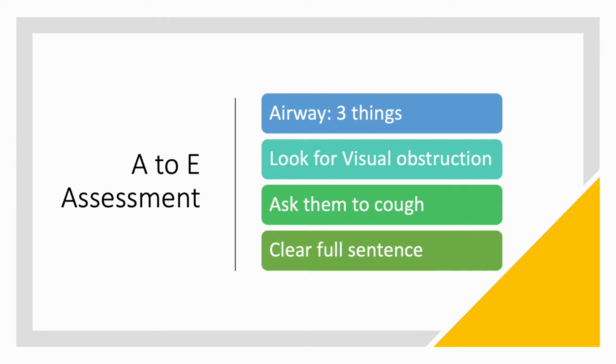So instead of wasting precious time, we could have started with the airway. So airway is very important, and it is very easy to check. It has only 3 things. You check for any visual obstruction, ask them to cough, and mention that since they are speaking in clear full sentences, you can say that the airway is open. Just 3 things you need to look for.